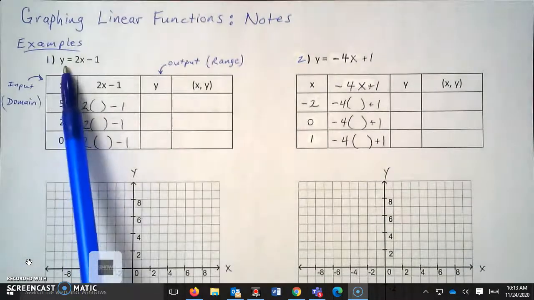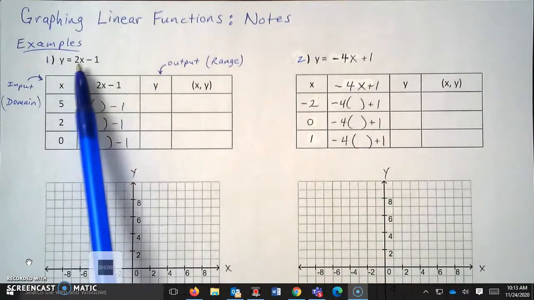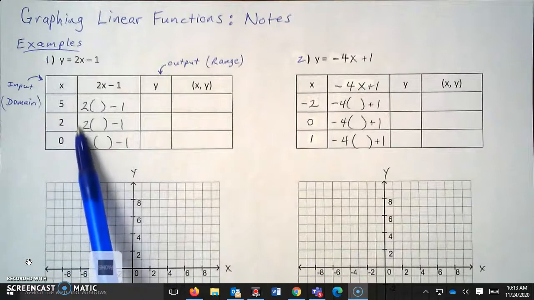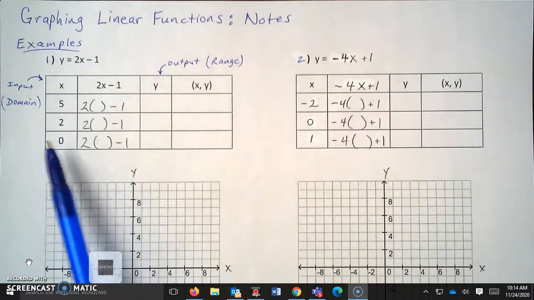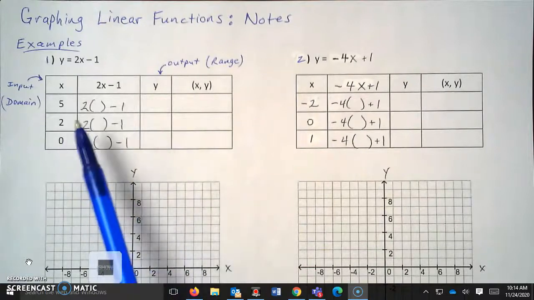Here's the equation. It says y equals 2x minus 1. That means 2 times x minus 1. So these are the x numbers, and they are the input. We will get an output once we put the x numbers in.